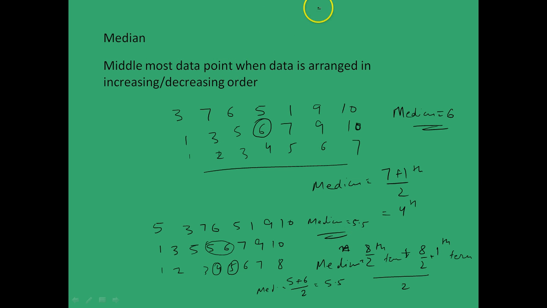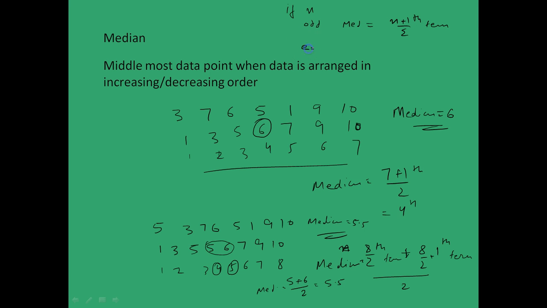And so as a general rule, you can keep in mind that if n, where n stands for the number of observations or the number of data points, if n is odd, median is equal to the n plus 1 by 2th term when it is arranged in increasing or decreasing order.